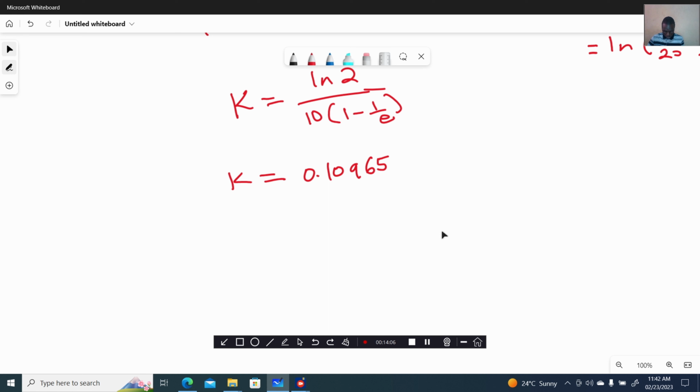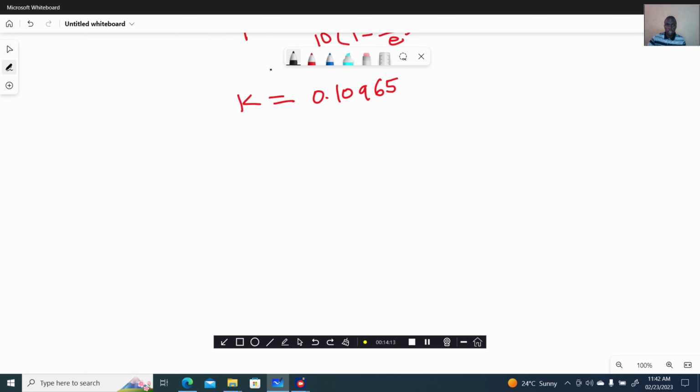For this case, I'll go back to the original equation, which is ln x equal to 10k into bracket 1 minus e to the power of negative 0.1t, then plus ln 20.